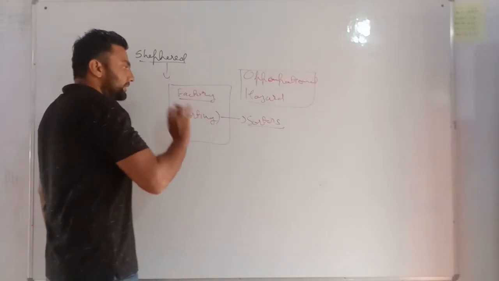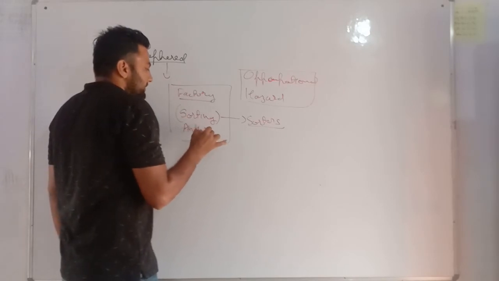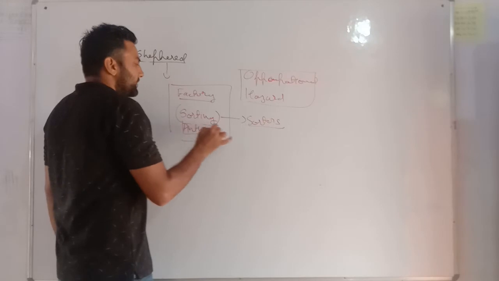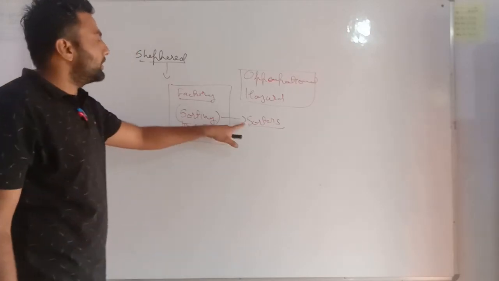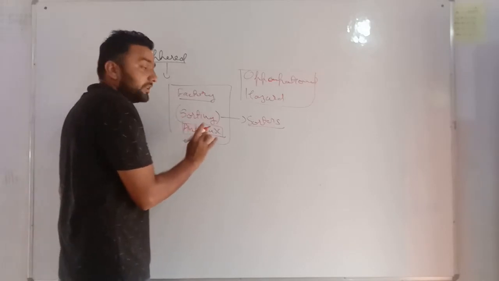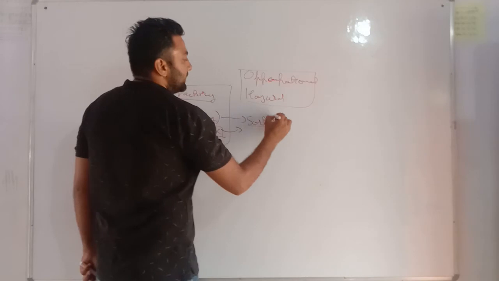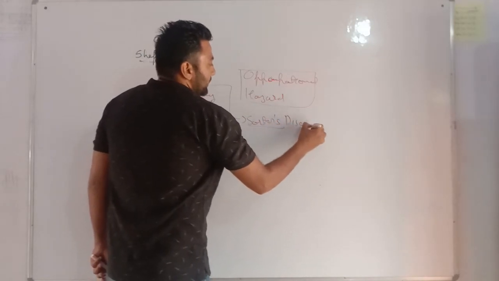Basically, in the fleece of the sheep, there is a bacteria known as anthrax. What happens is that when these sorters are in contact with this bacteria for a long period, as it is present in the fleece, this bacteria affects them and they get a disease, that is sorters' disease.